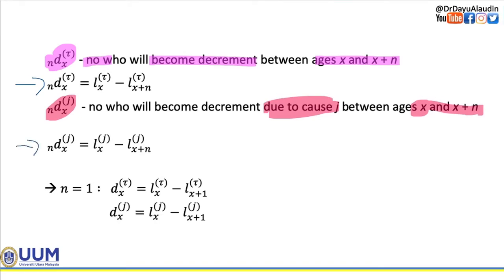And we can find ₙd_x^(j) by taking l_x^(j) minus l_(x+n)^(j). For the case when n is equal to 1, we write down the notation like this, d_x^τ, with n known to be 1, so from x to x plus 1. Same for d_x^(j), due to cause j from l_x to l_(x+1).